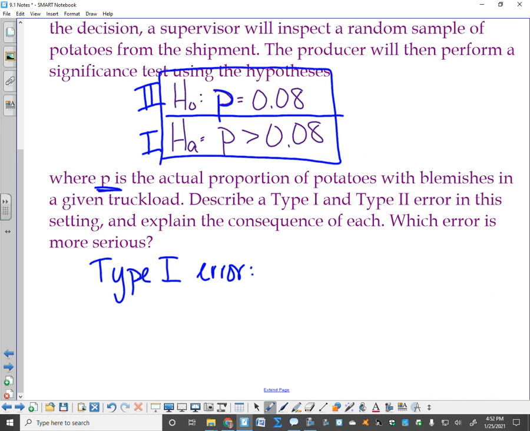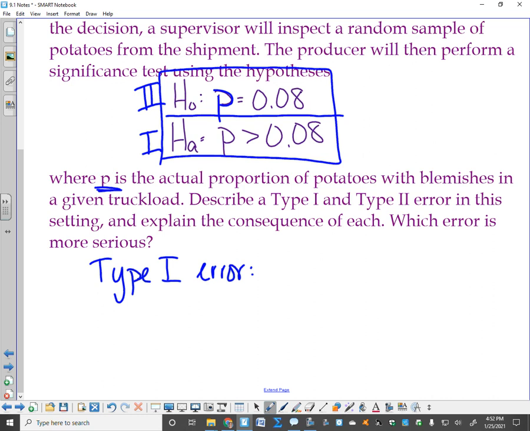Okay, so I just said in words what H sub A is. Because a type 1 error means I've got enough evidence that I'm going with the first floor, but really the second floor is true. So, one more time, I have found enough convincing evidence to conclude that the proportion of potatoes with blemishes exceeds, or is greater than, 8%.